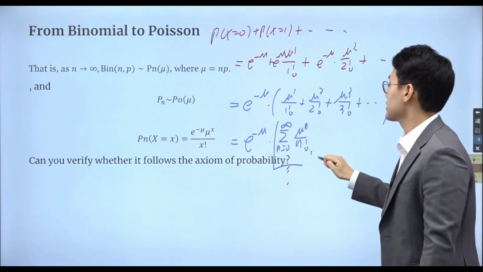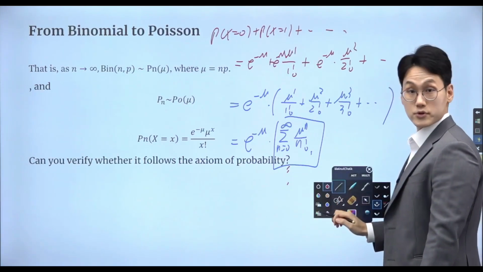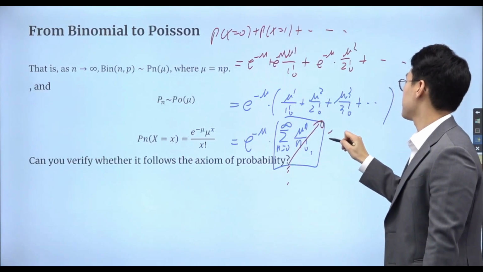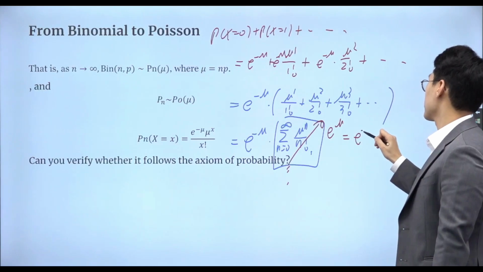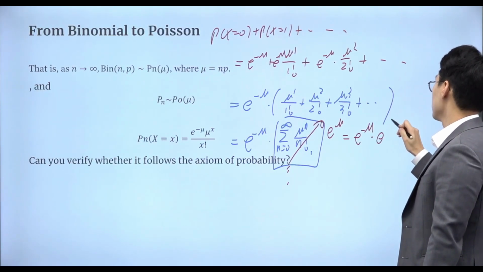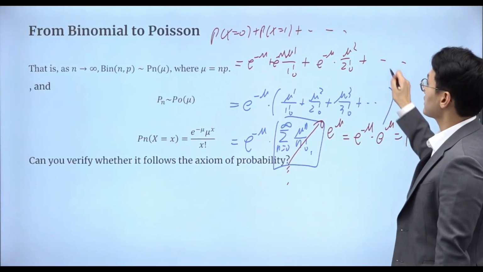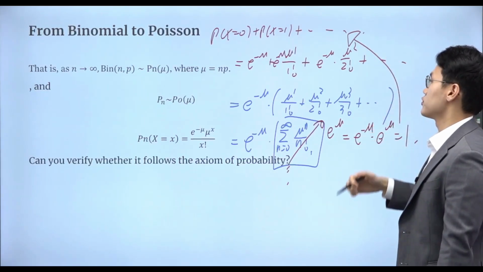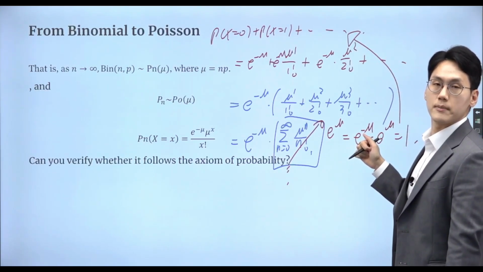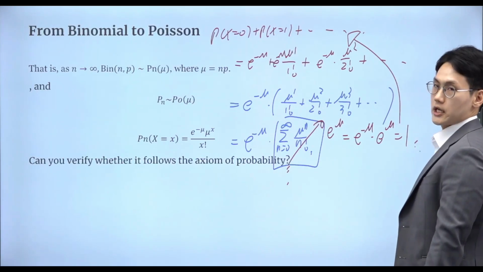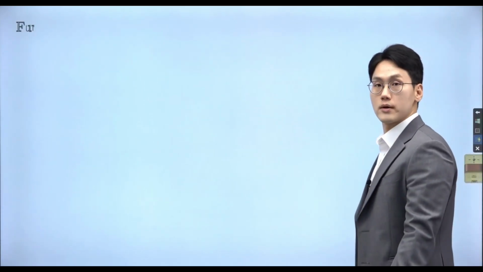But that is precisely the definition of what? The exponential function. So it becomes simply e to the power of mu. So now we have e to the power of negative mu times e to the power of mu becoming 1, making this a good probability distribution function because it follows the axiom of probability. If you add all the cases, it converges to 1. Hence this is a good probability model, right?